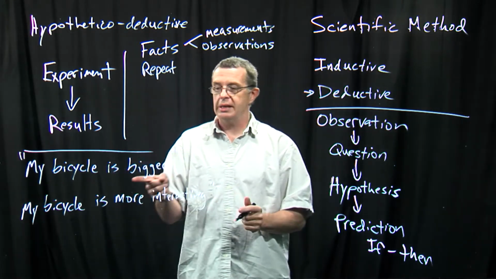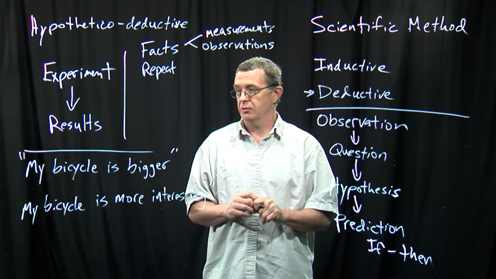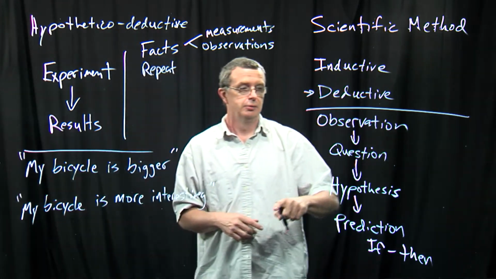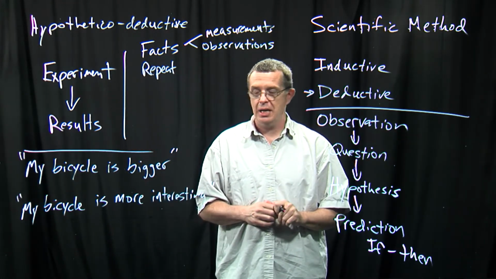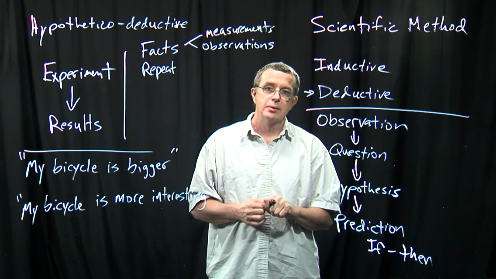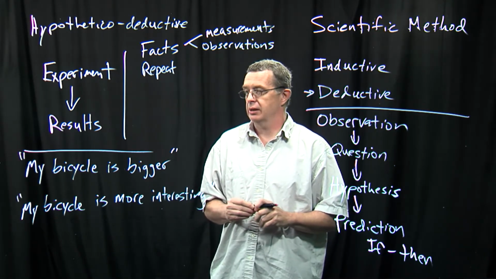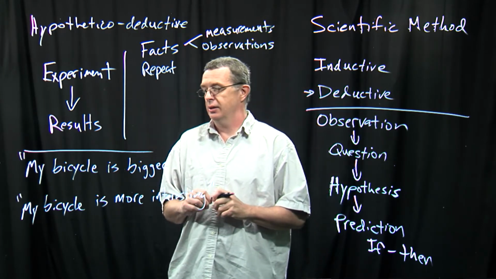So one of these things we should be able to test or approach scientifically using these steps. The other we cannot. So which one would be scientific and which one would not be scientific? I'll let you think about that.